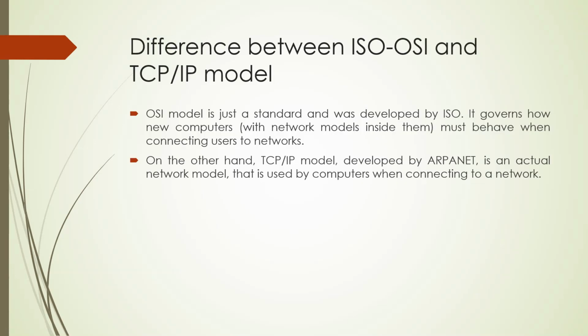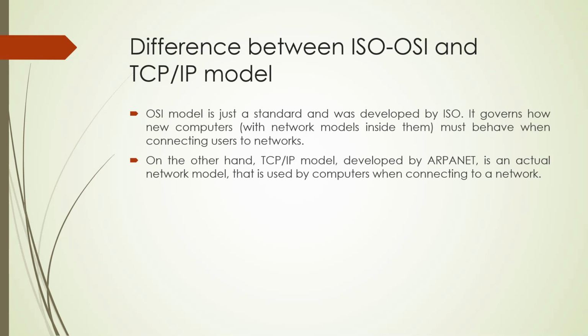Now, first and foremost, we will understand the actual difference between the TCP/IP reference model and the ISO OSI reference model. The ISO OSI reference model is just a standard. That's the reason why it is called open. Why open? Because this is a standard that was developed by the body ISO.